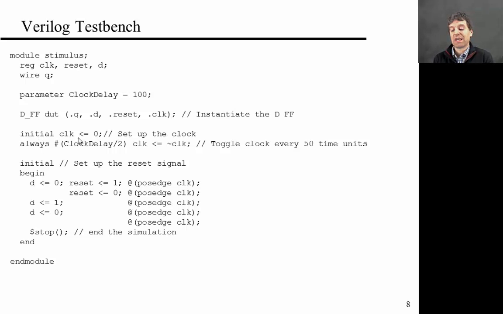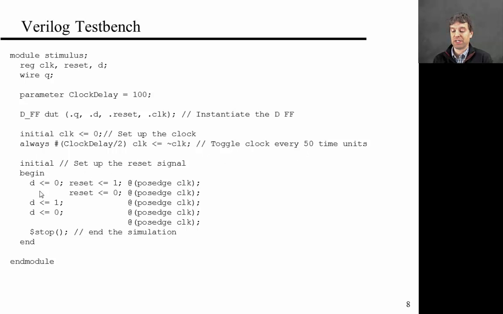Then we initialize the clock at 0, and always, at clock delay over 1/2, so every 50 time units, we set the clock to not clock. So we invert, or toggle, the clock every 50 time units.